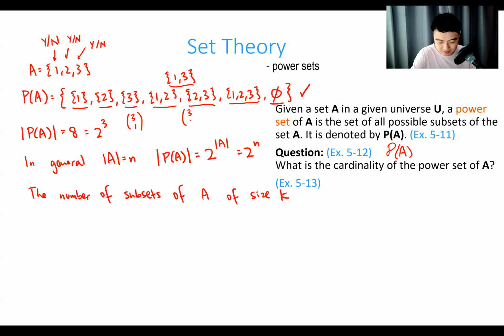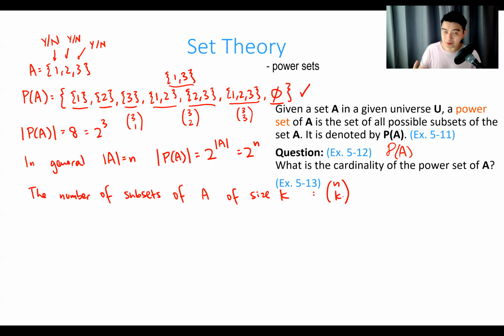From 3 elements, choose 2 elements. How many subsets have size 3? From 3 elements, choose 3 elements. I hope everyone gets the idea. From the total number, I'm going to choose the size of the subset. So the number of subsets of A that have size k, what's the answer? Well, n choose k. The number of subsets of A of size k is n choose k.